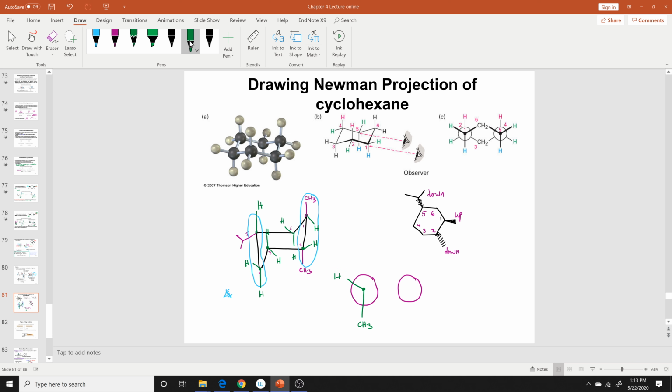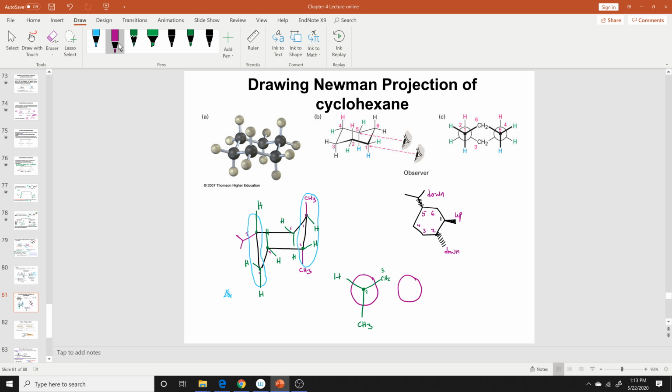And carbon number 2 is connected to carbon number 3, which is a CH2. So this is going to be carbon number 3, and this is going to be a CH2. I'm just going to label that as carbon number 3. Now, carbon number 2 is here, in front, and it is connected to carbon number 1 at the back. Carbon number 1 at the back is a CH3.